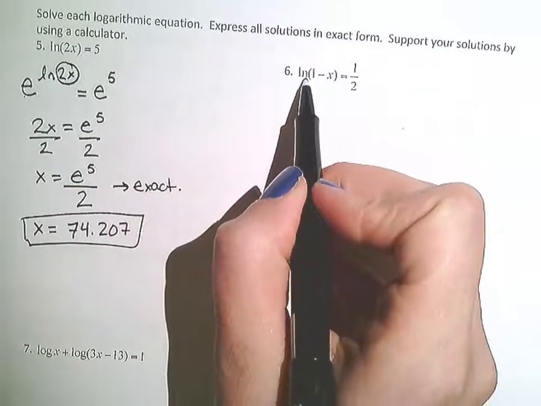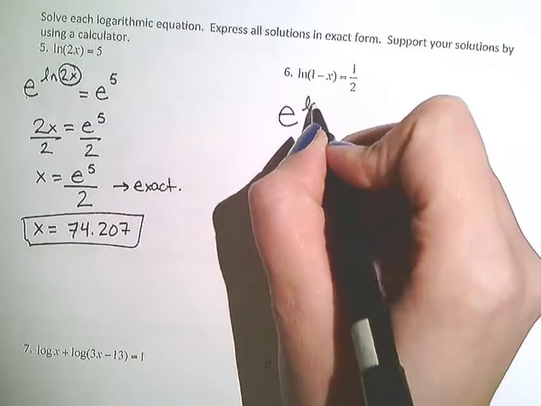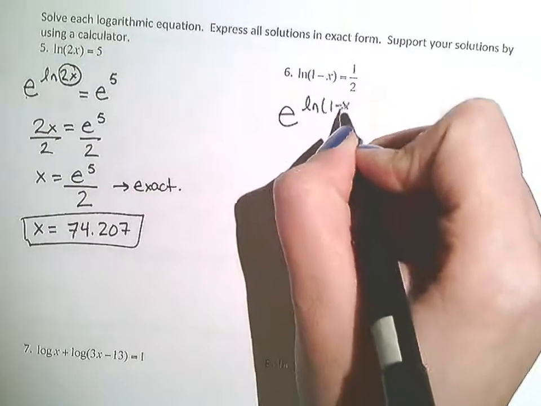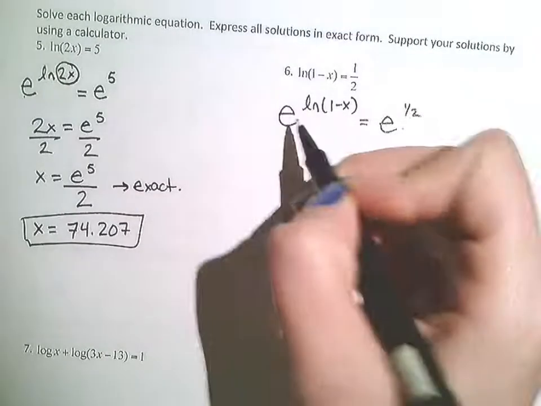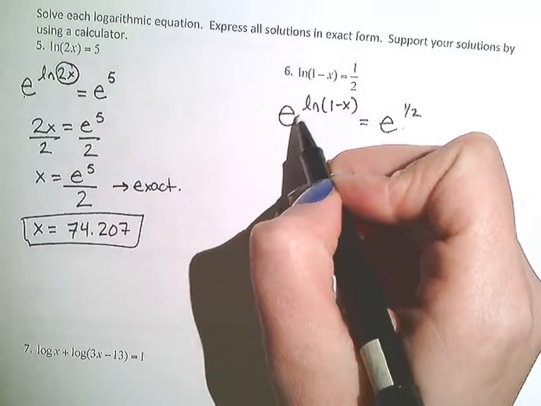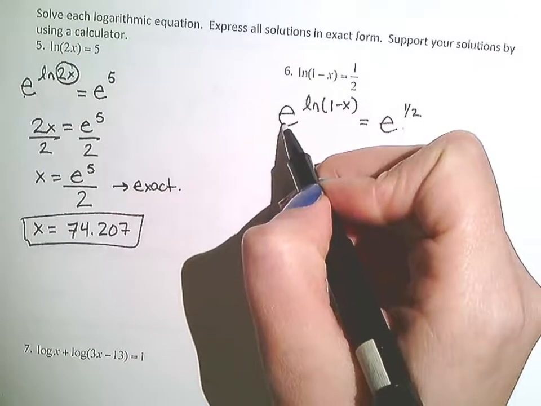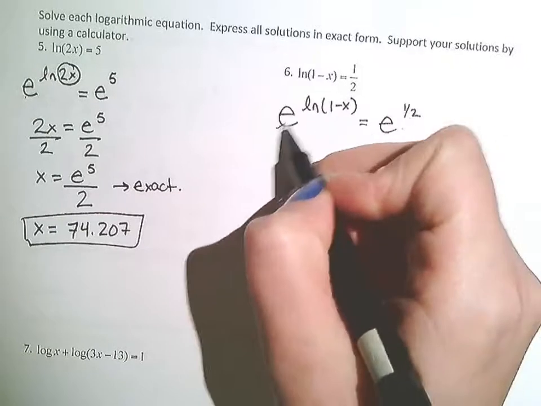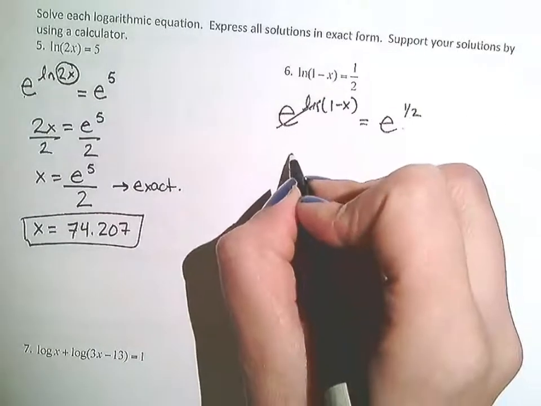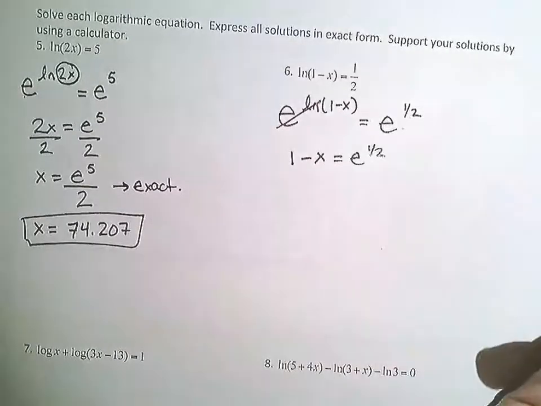What is the base of ln? It's e. So I'm going to take e and raise this whole thing, 1 minus x equals e raised to the 1/2. Again, e raised to ln ends up equaling whatever that is. So that is gone, and you're left with 1 minus x is equal to e to the 1/2.